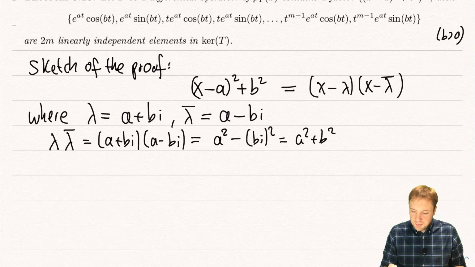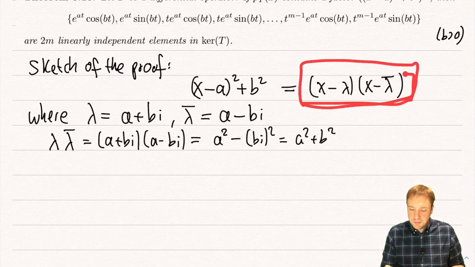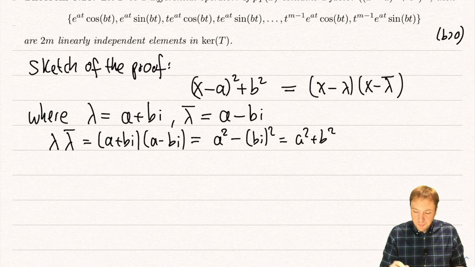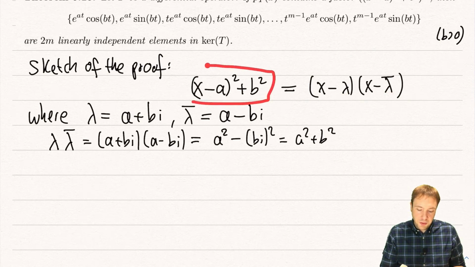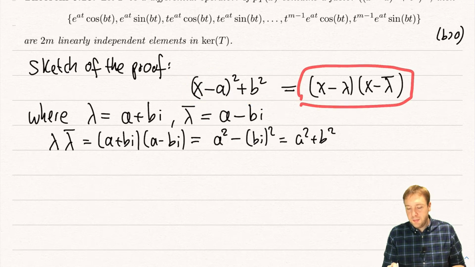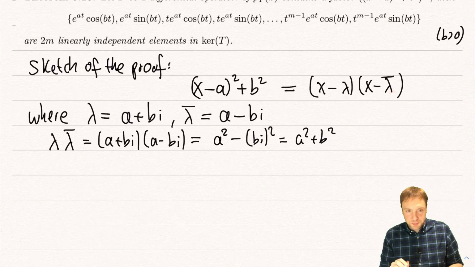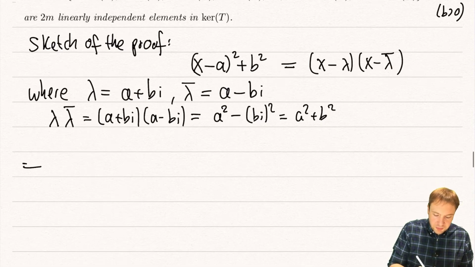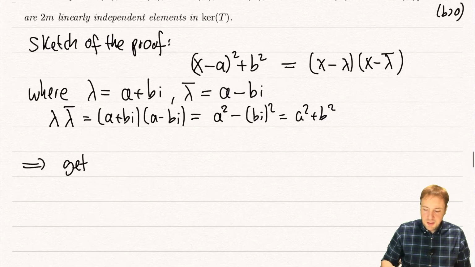And using this, if you multiply this out here, then you see that you get exactly this expression here. So in other words, if we are allowed to use complex numbers, then this polynomial of degree 2 can again be written as (x minus lambda 1) and (x minus lambda 2). So we can use the same idea as before.